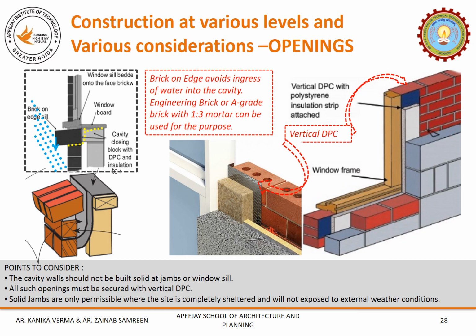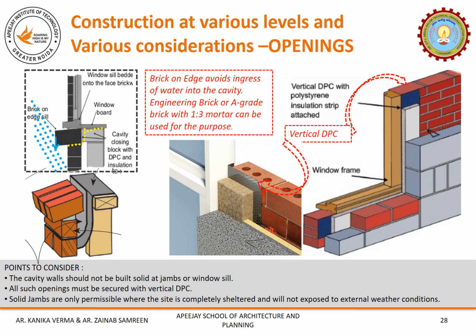We must use engineering bricks or well-burnt bricks for the purpose, and they have to withstand the severe external weather conditions. Mortar used for the same purpose should be of 1:3 ratio, which will make it non-porous and high in strength, so it will behave equal to the bricks.